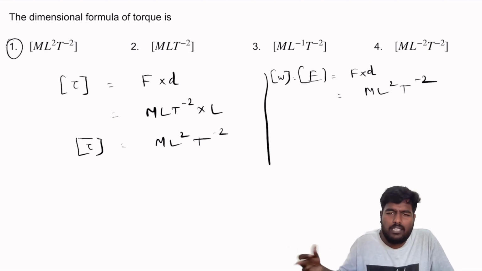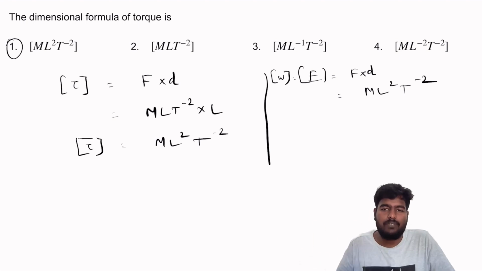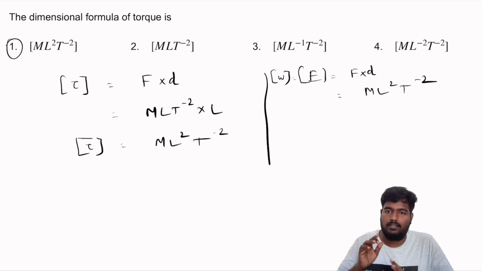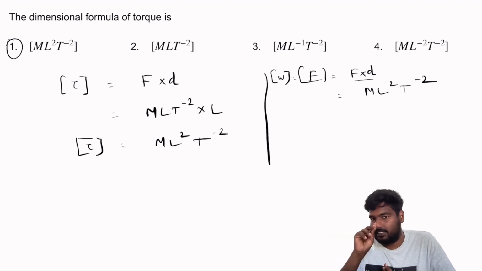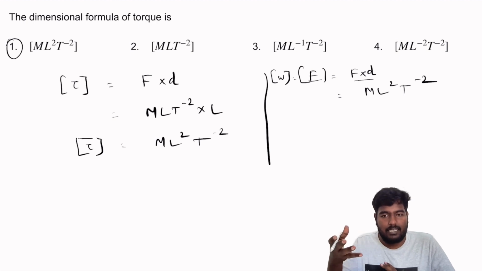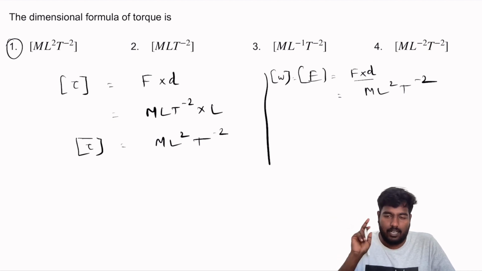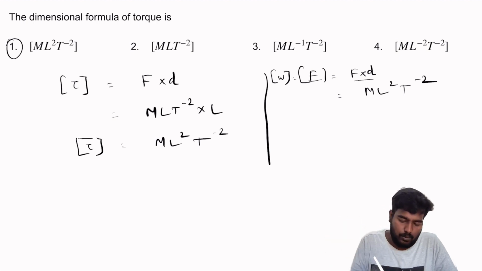What's more interesting is that once you find the dimension of energy, as force into distance, we didn't specify whether it's kinetic energy, potential energy, or elastic energy stored in a spring. Doesn't matter. They will all have the same dimension. For example, let's work out potential energy, which is mass into acceleration due to gravity into h.